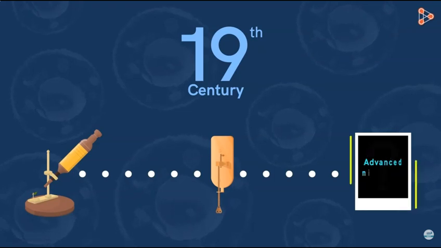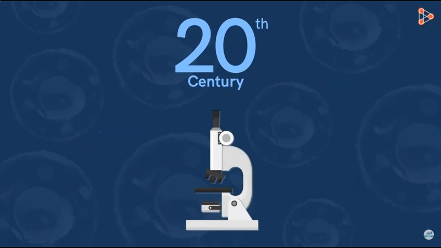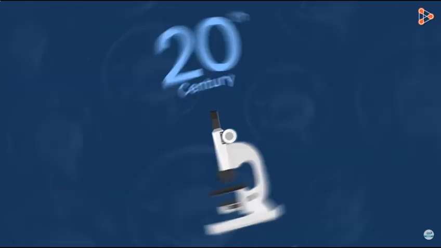In the beginning of the 20th century, the advancements in microscopy and related techniques helped in acute observations of the cell division processes. As a result, cytologists could now figure out structures that duplicate and divide during cell division. Which structures could these be? That's right.